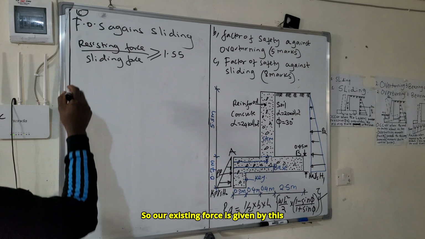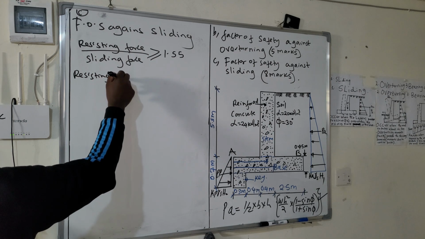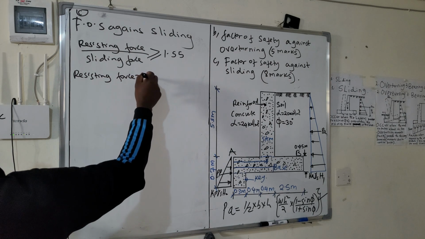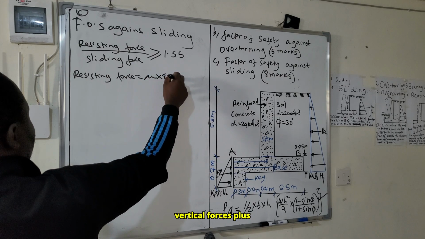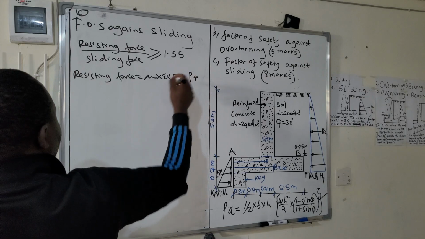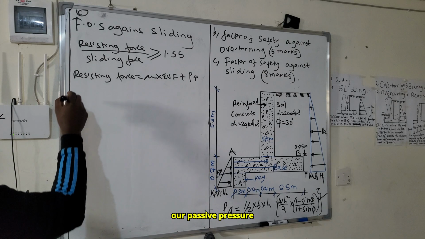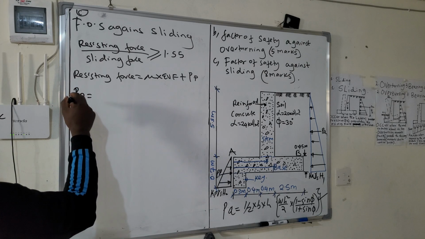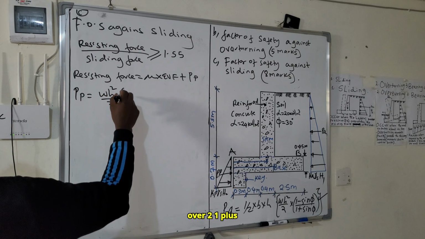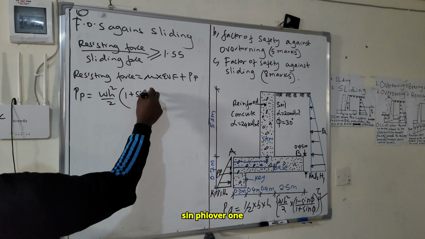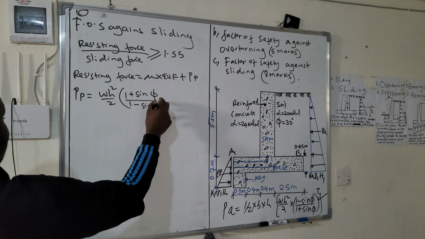So our resisting force is given by this formula: mu times summation of vertical forces plus passive pressure. So our passive pressure is given by W h square over 2 times 1 plus sine phi over 1 minus sine phi.